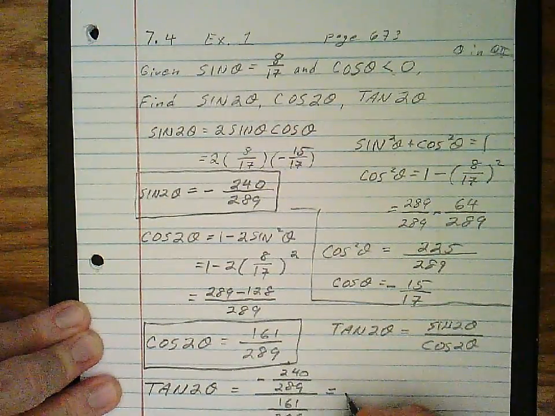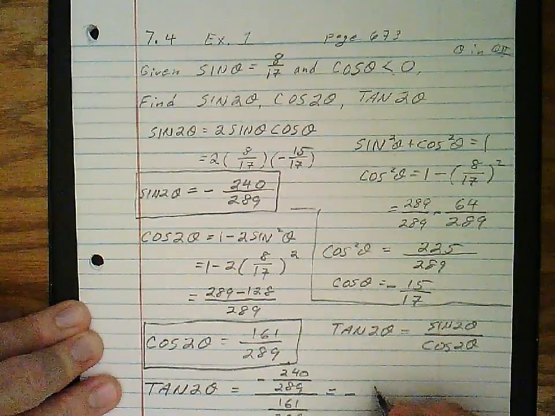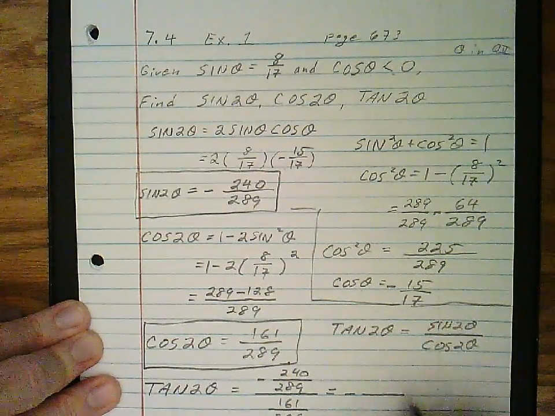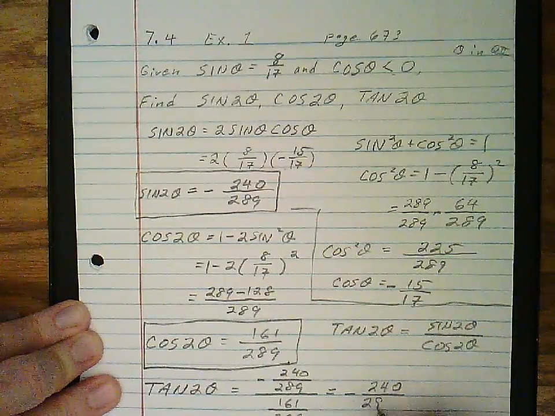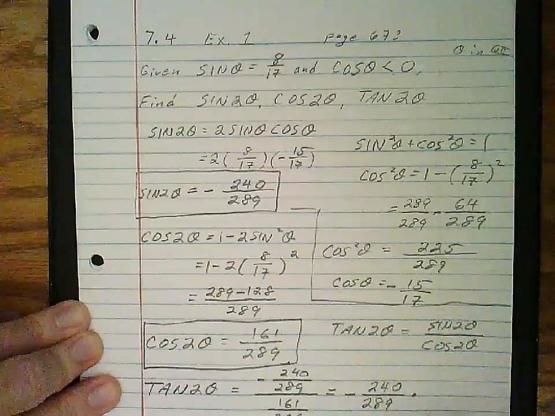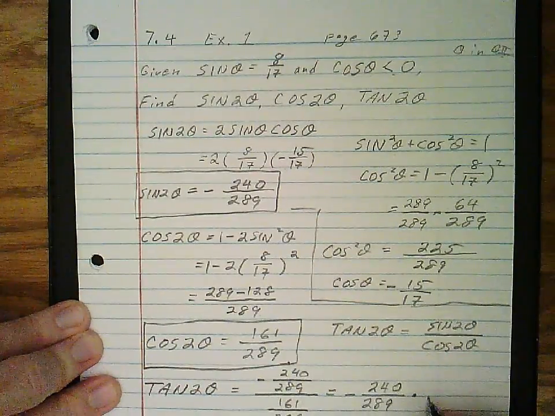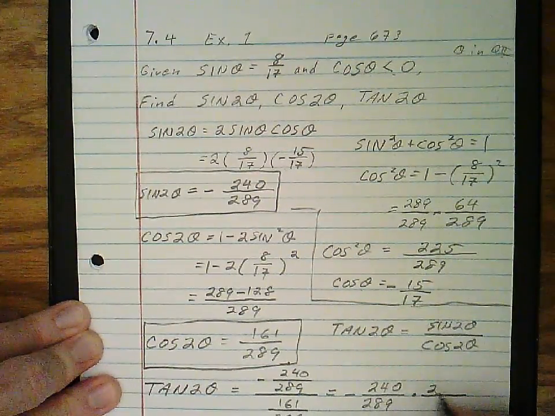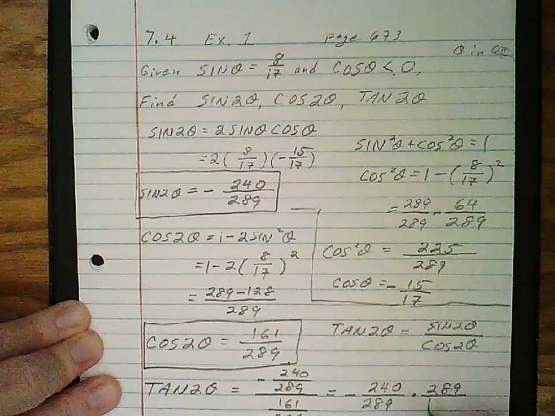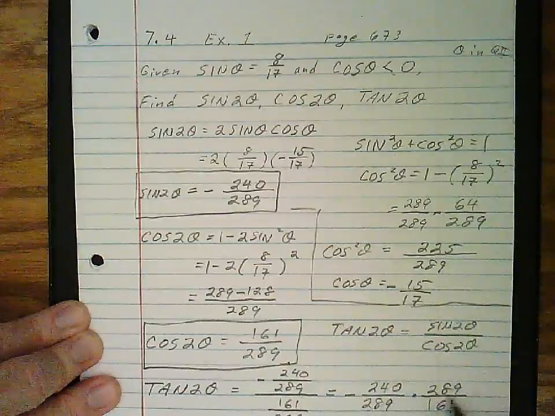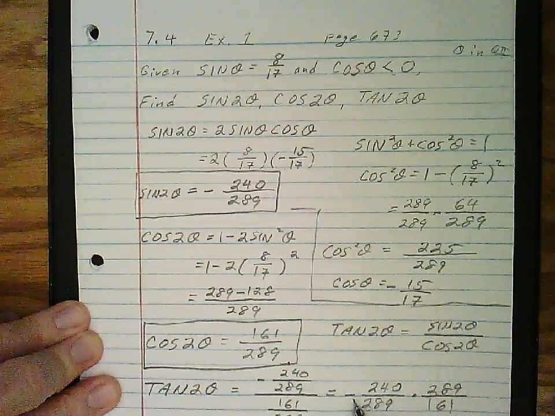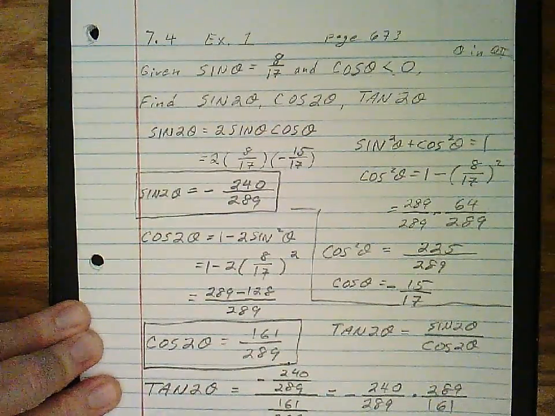So it means we have a negative numerator, 240 over 289, times the reciprocal of 161 over 289, which is 289 over 161. Wow, the 289s are going to divide out. That leaves us negative 240 over 161.